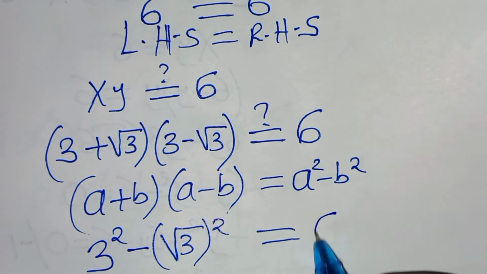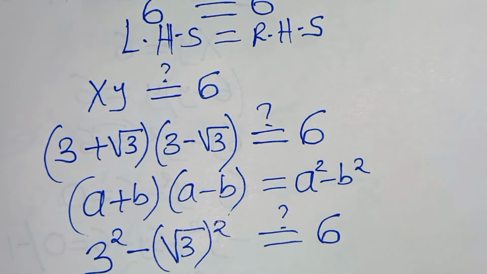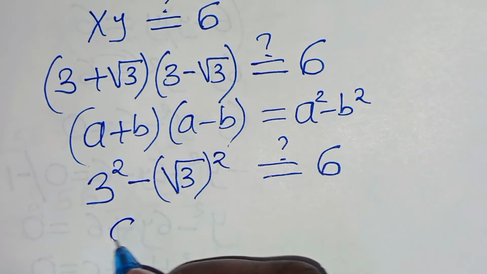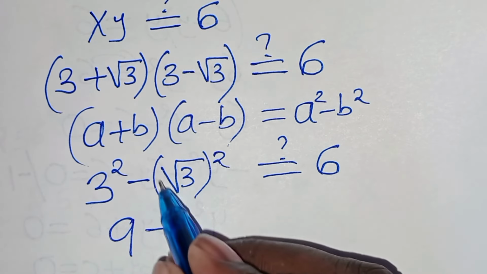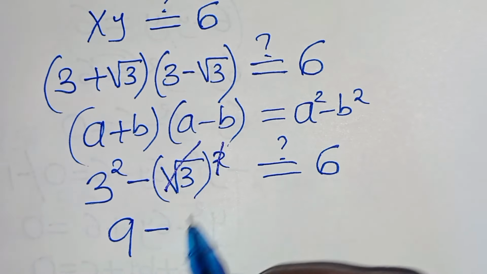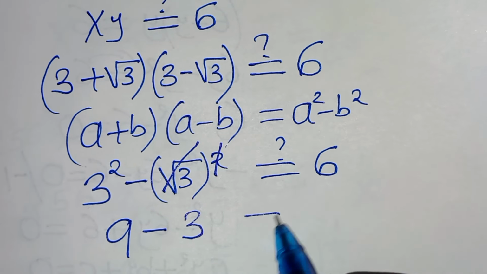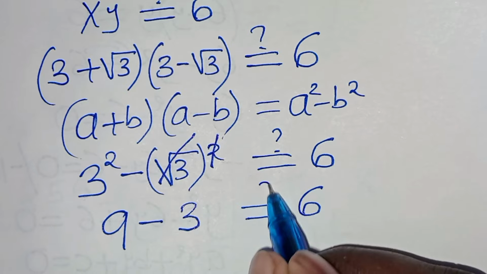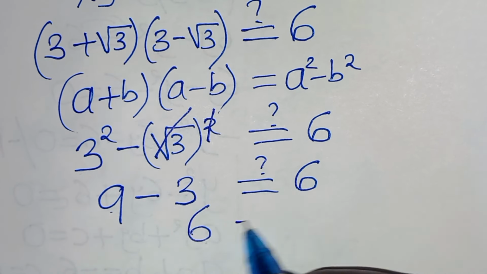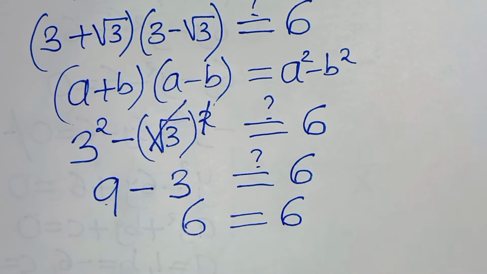This is supposed to give us a value of 6. So we have 3 squared, this is equal to 9, minus the square root of 3 squared, we eliminate the square root sign, so this is minus 3, this is equal to 6. So we have 9 minus 3, this is equal to 6, and this is equal to 6.